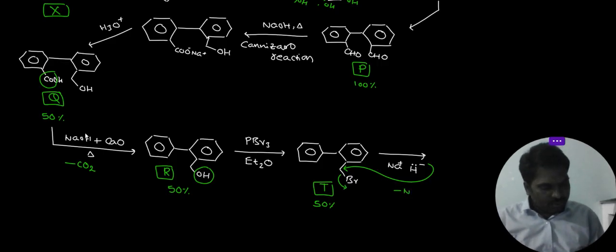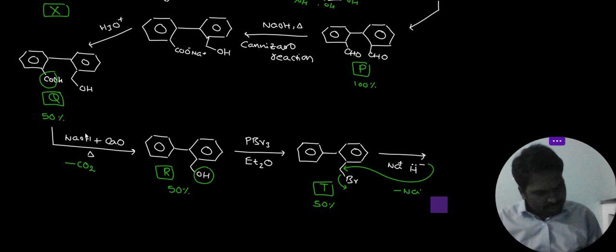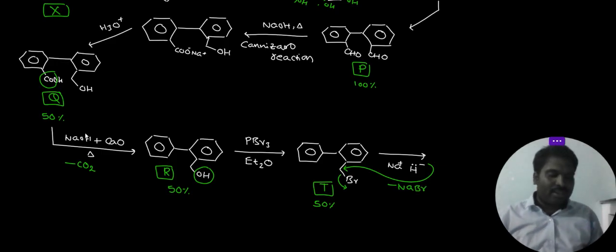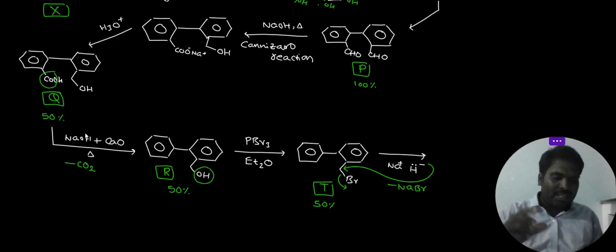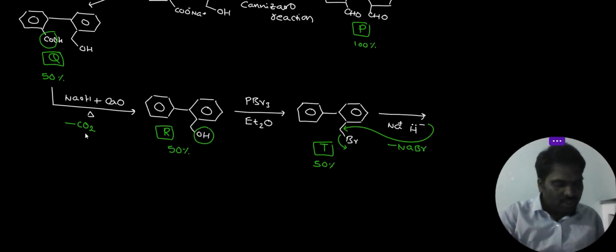NaBr is eliminated, and then CH2Br will turn into CH3.